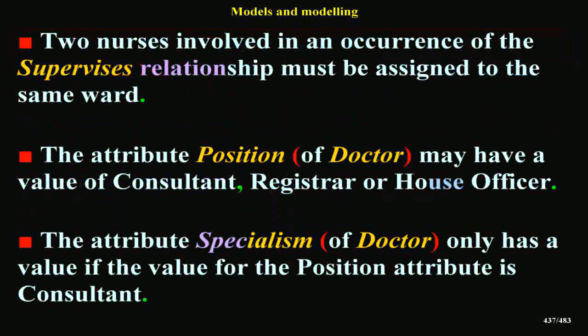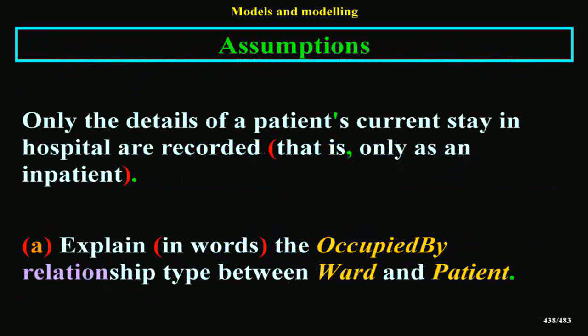Two nurses involved in an occurrence of the supervises relationship must be assigned to the same ward. The attribute position of doctor may have a value of consultant, registrar or house officer. The attribute specialism of doctor only has a value if the value for the position attribute is consultant. Assumptions. Only the details of a patient's current stay in hospital are recorded, that is, only as an inpatient.